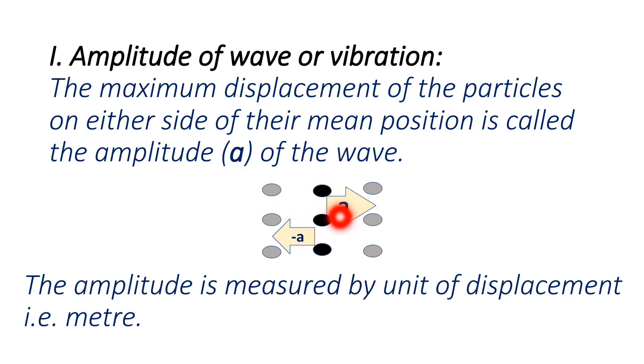On the other side it will also displace up to that much, so it is also taken as small a. A minus sign is given here only because the direction is opposite. As the amplitude is the maximum displacement, it can be measured with the unit of displacement, and the unit given here is meter. So the unit of amplitude is meter.